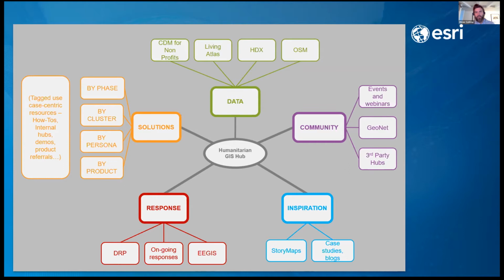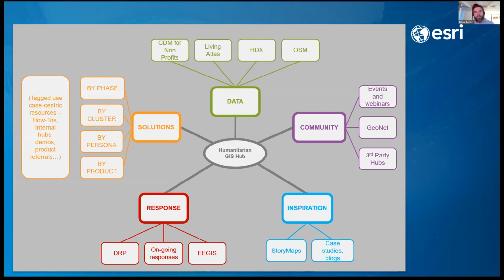An inspiration element, which is probably more targeted at your boss's boss, right? So the managers and the executive managers, in terms of what GIS can do for my organization. A response element, which would be referring people to very operational resources: the disaster response program, hubs or sites or venues for ongoing responses.